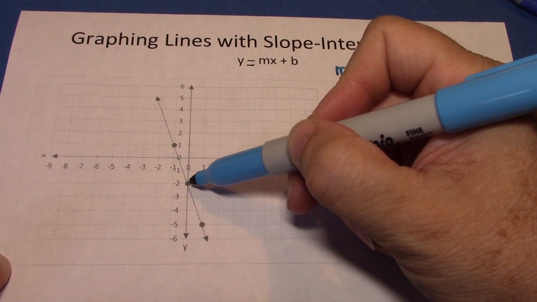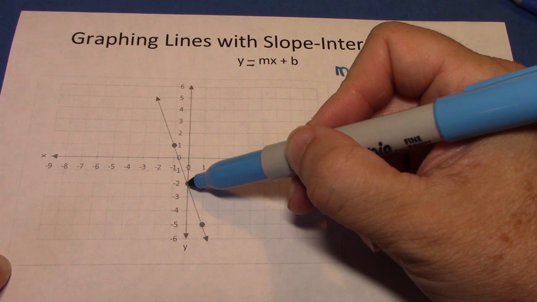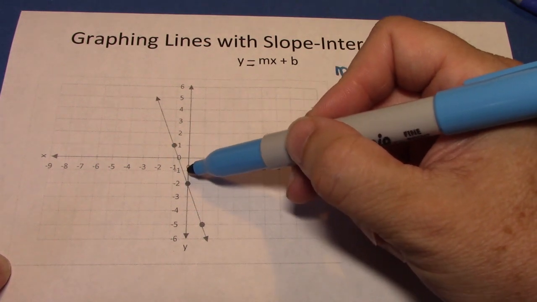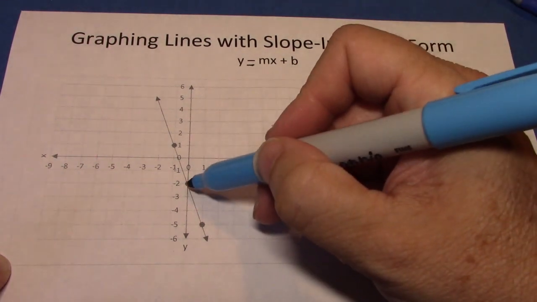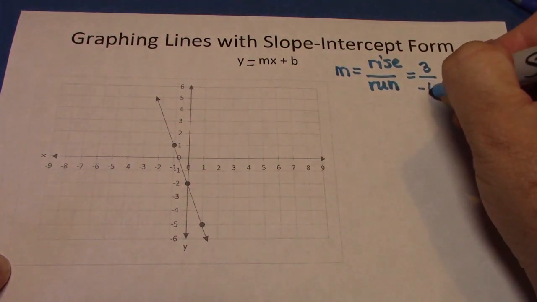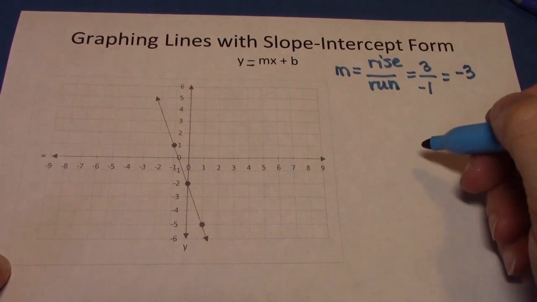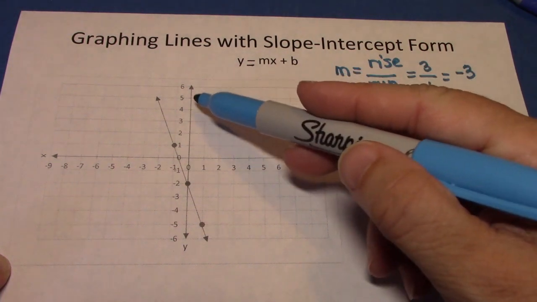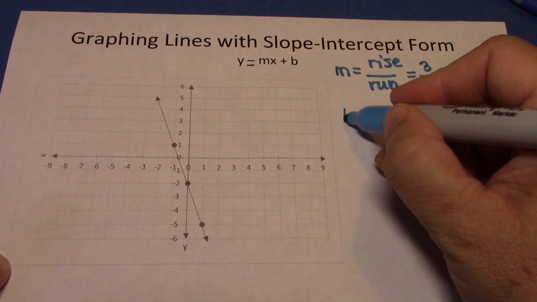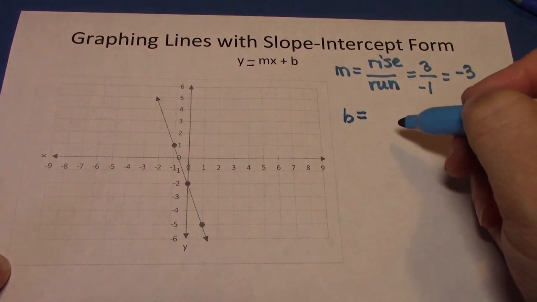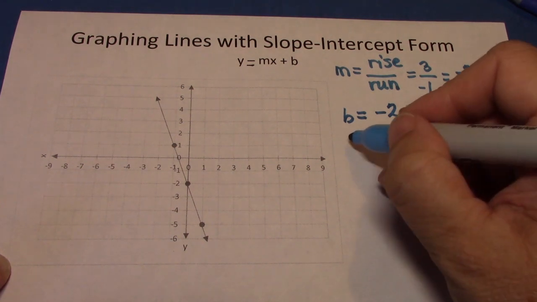And if we look at these 2 points, again, any 2 points, you can find this slope. So from here to here, we rise 1, 2, 3, but we run backwards negative 1, so that we say that it has a -3 slope. And where does it cross the y-axis? It crosses here at -2. We call that the y-intercept, and we label it as b in this equation.